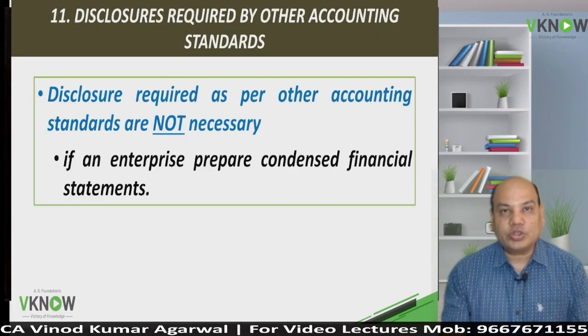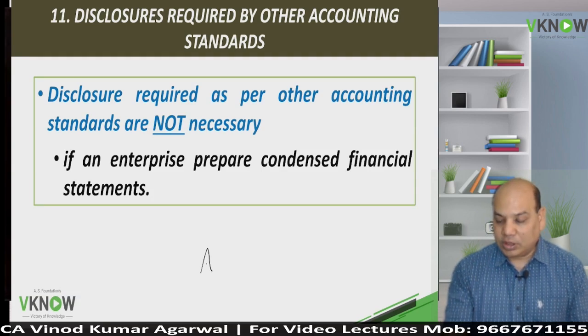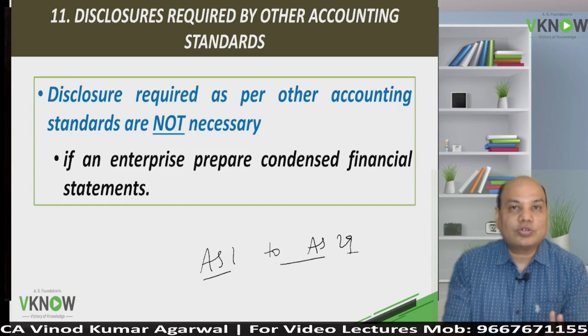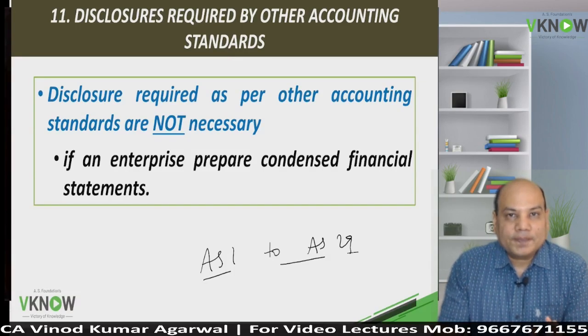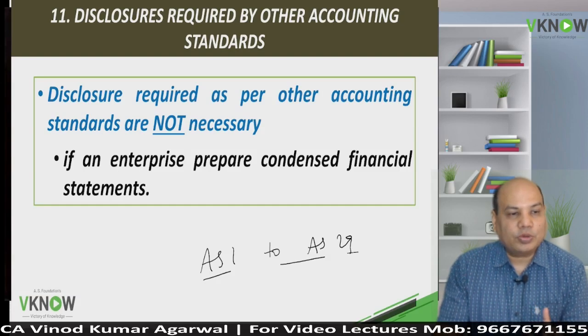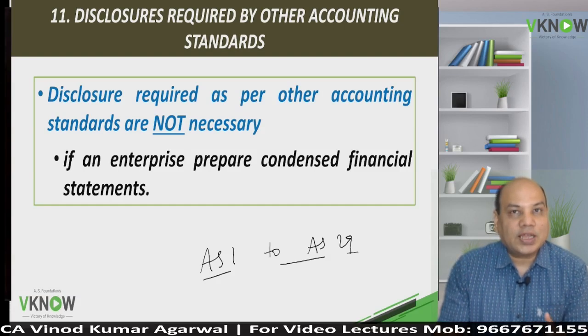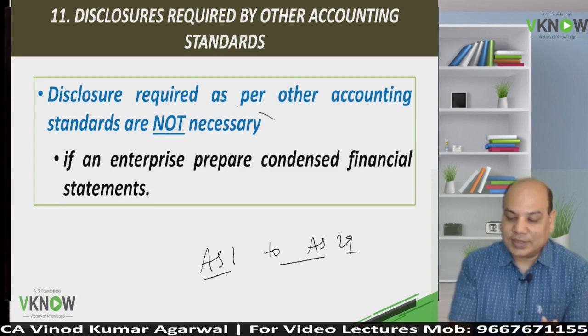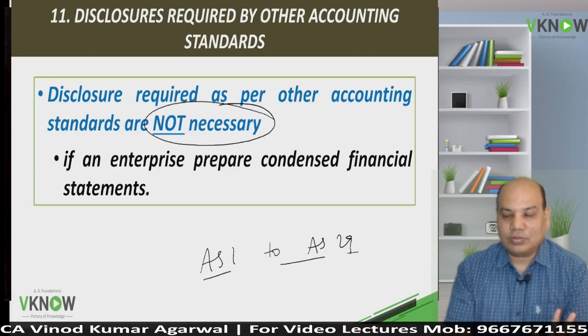What about disclosures required by another accounting standard? In India, we have AS1 to AS29, and all of them have some or the other disclosure requirement. In interim period report, disclosures required as per other accounting standards are not necessary. Wow.